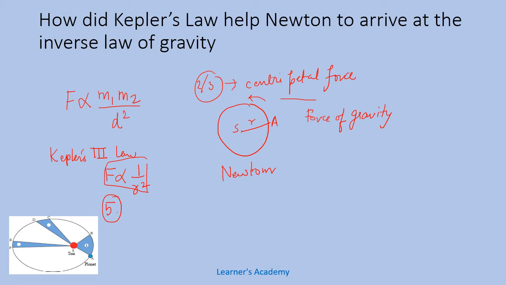Alright. So that's how Kepler's law helped Newton to arrive at the inverse square law of gravity. What is the inverse square law of gravity? This. Alright. So that's all about this question. This is how you will prove this statement.